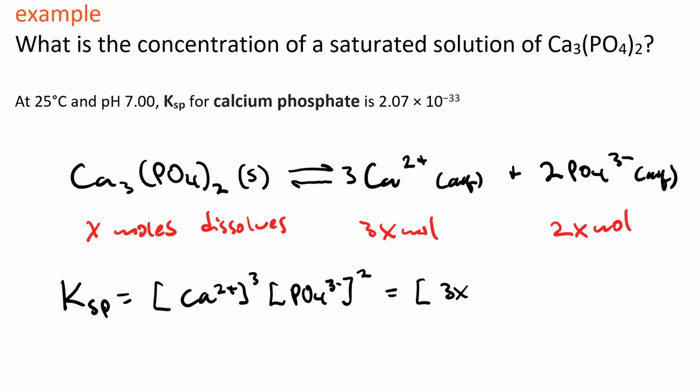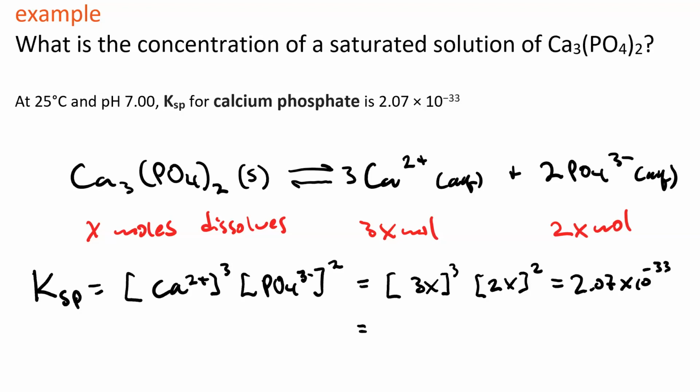Ksp equals the concentration of Ca2+ to the 3rd power times the concentration of PO4 3- to the 2nd power. So (3x) to the 3rd power times (2x) to the 2nd power equals 2.07 times 10 to the negative 33, our Ksp value.